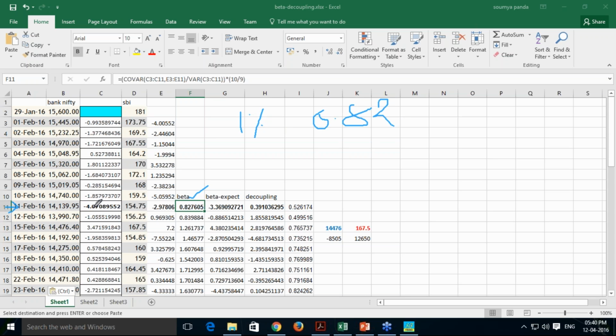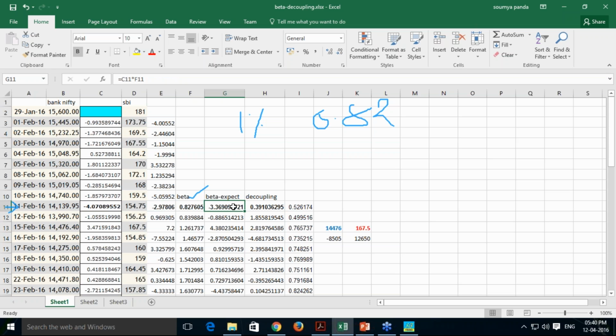On that particular day, this pertains to the previous data, whatever data points it has given. Based on that, we found that Bank Nifty changed by minus 4% in actual terms. At the same time, State Bank of India changed by 2.97%.